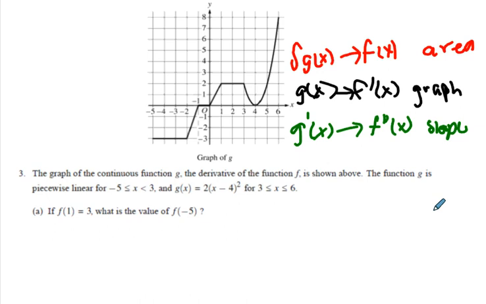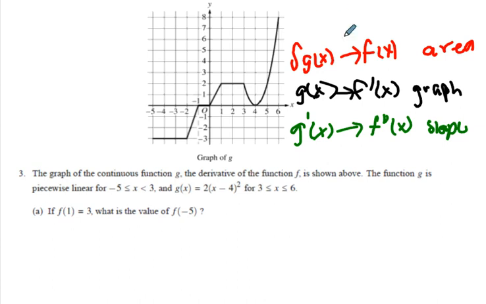Alright, so that being said, part A tells us that f of 1 is 3, and we want the value of f of -5. So if we're using f, right, that means we're at this top place here, and we're looking for the area under the curve.